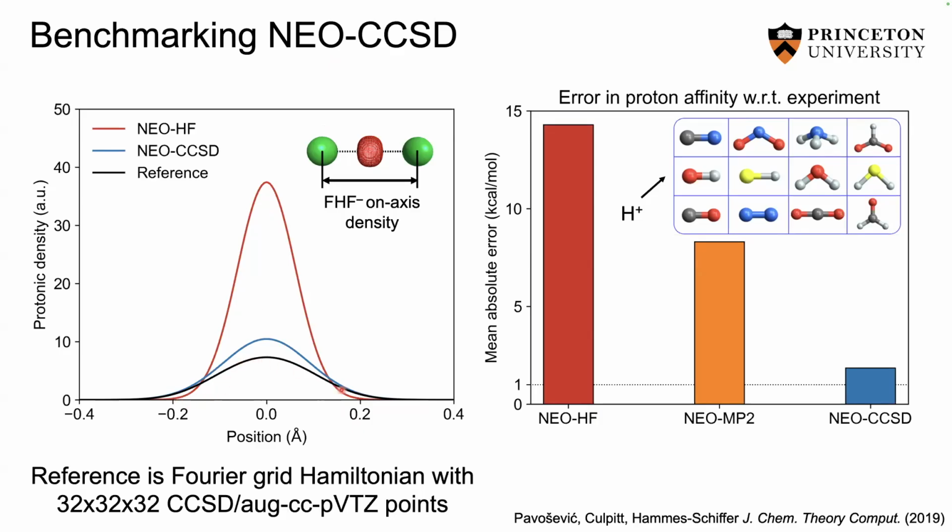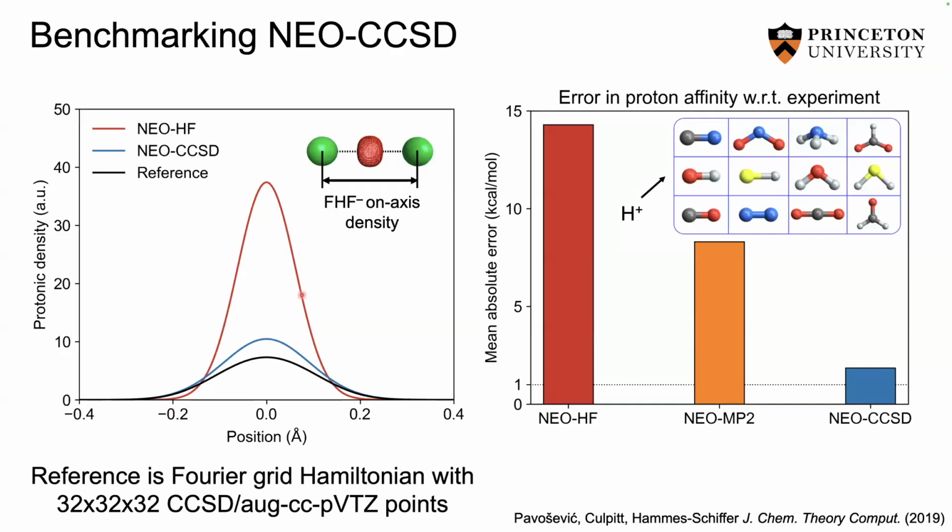The way we do these references for benchmarking these theories is a grid-based method, the Fourier grid Hamiltonian method, where we do tens of thousands or even sometimes hundreds of thousands of single point electronic structure calculations with a conventional electronic structure method to get a grid-based potential, and then solve the vibrational Schrodinger equation on that potential to get the actual vibrational wave function. For these small systems, that gives us something to compare to see how well nuclear electronic orbital theory is capturing the exact vibrational wave function.